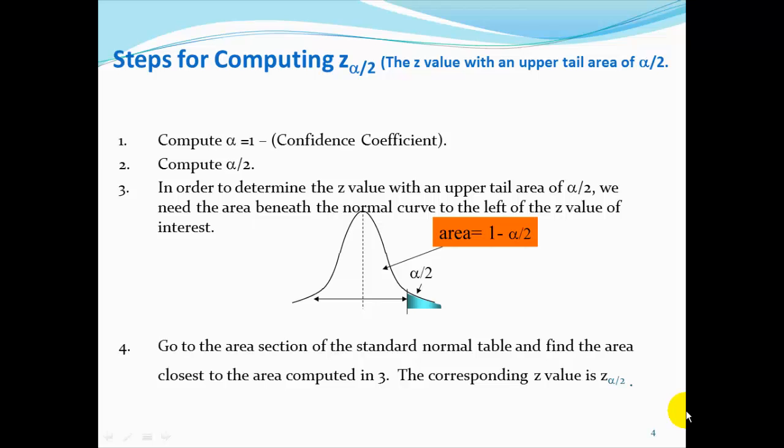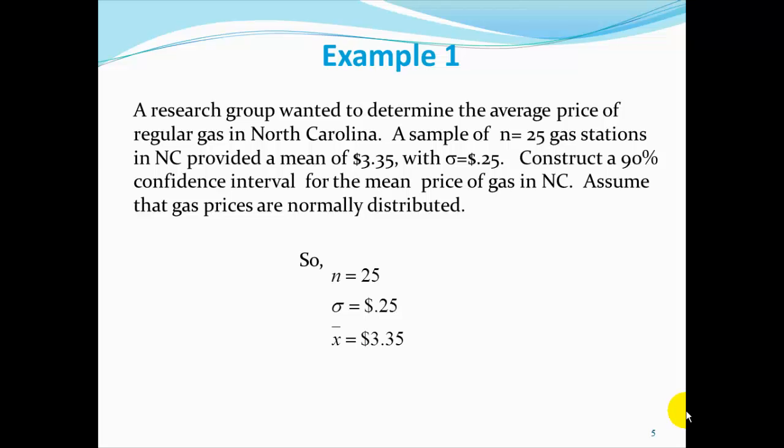Before we even begin to become overwhelmed by the different formulas, let's apply it to an example so that I can show you that it's really not that difficult to apply. A research group wanted to determine the average price of regular gas in North Carolina.